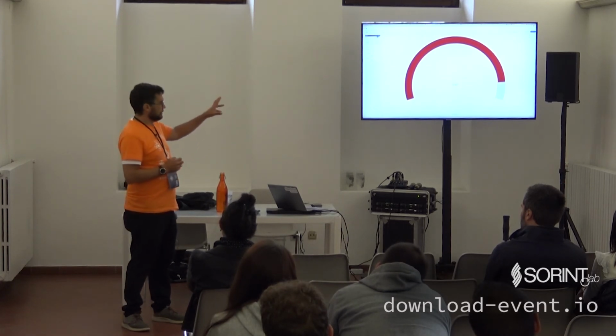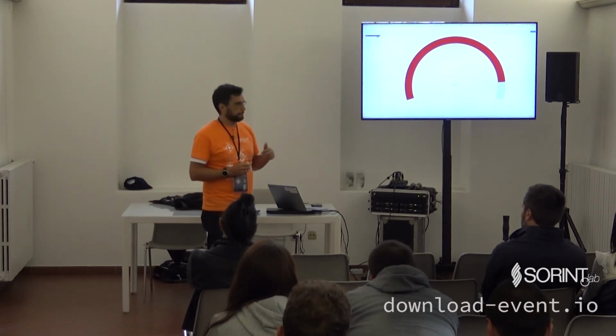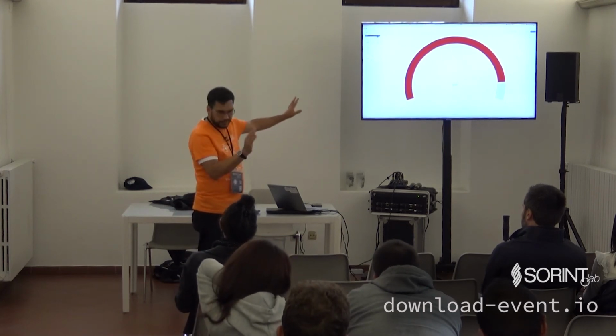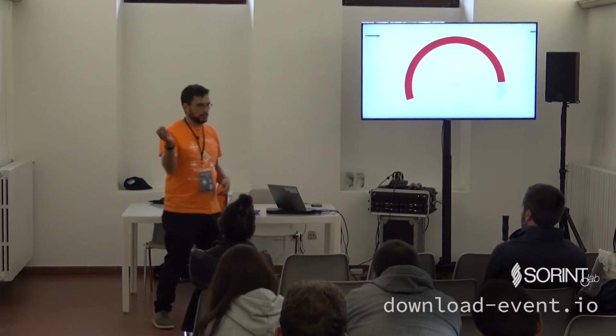So this is the kind of question you could answer using this idea. Okay, this is a very silly graph, but you can get a lot of information from the logs.